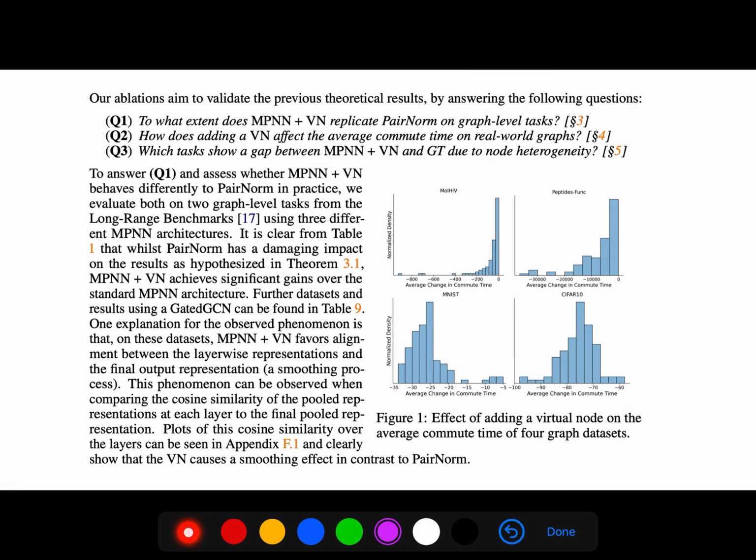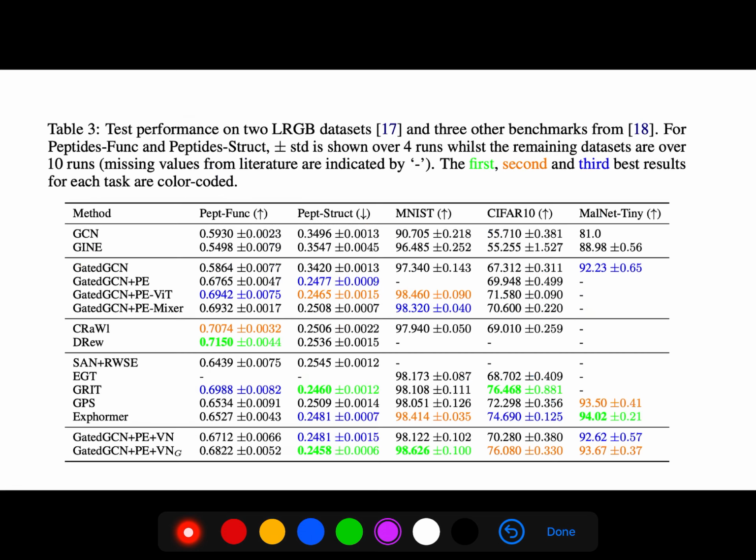And they have some ablation study: to what extent does message passing and virtual node replicate performance? How does adding a virtual node affect the average commute time on real-world graphs? Which tasks show a gap between message passing neural network and virtual node and graph transformer due to node heterogeneity?